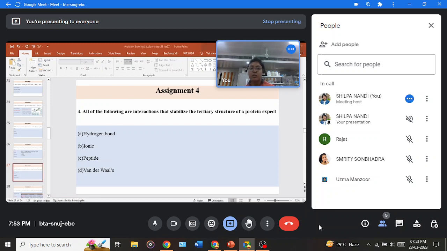You have to see which interaction does not stabilize the tertiary structure of a protein. One of these four options does not help in stable formation of the tertiary structure.